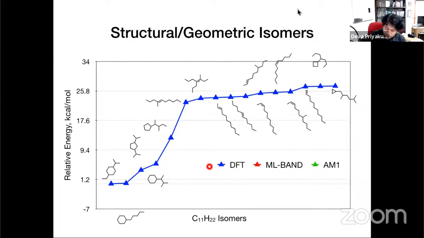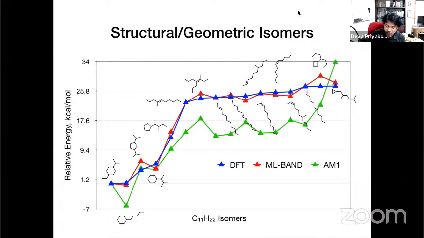That's the ground truth, the results from density functional theory calculations, and that is the machine learning model. The energy predicted by our algorithm is very, very close to the DFT energy.